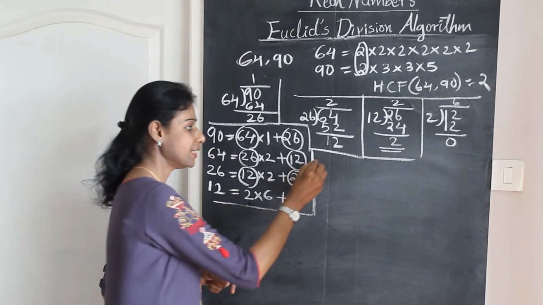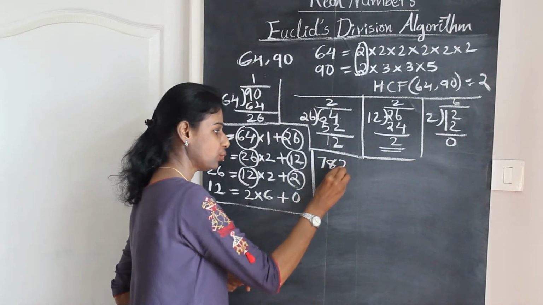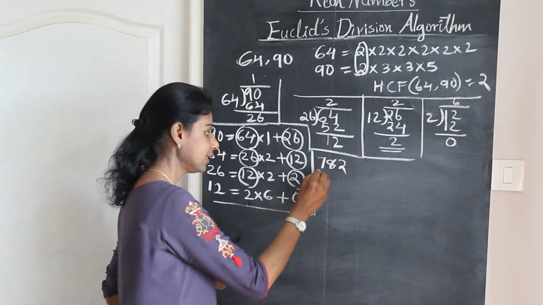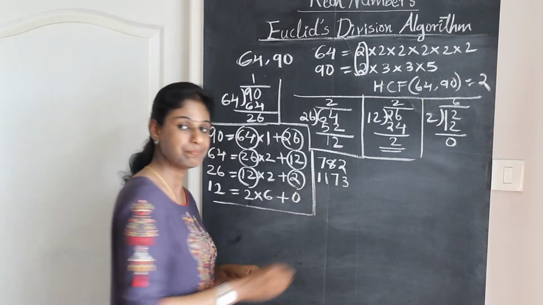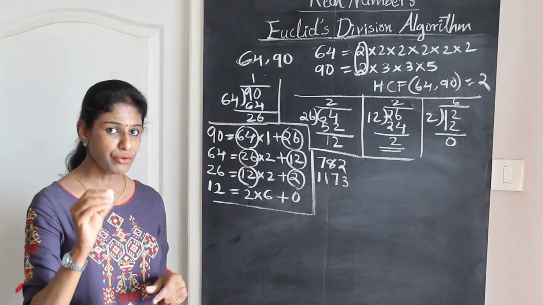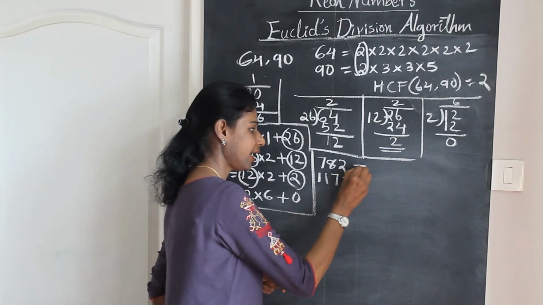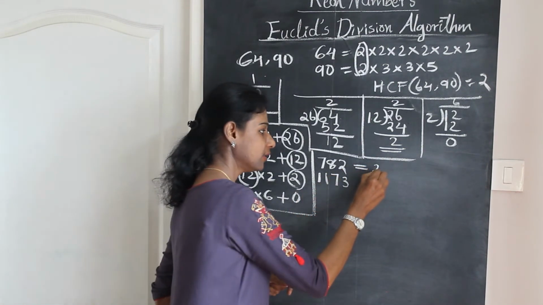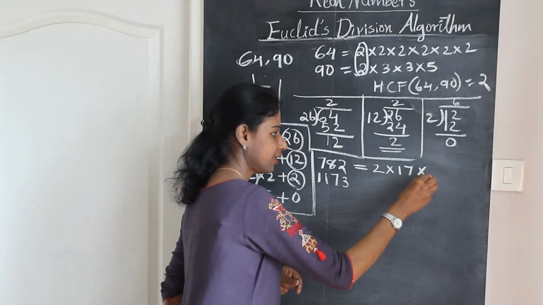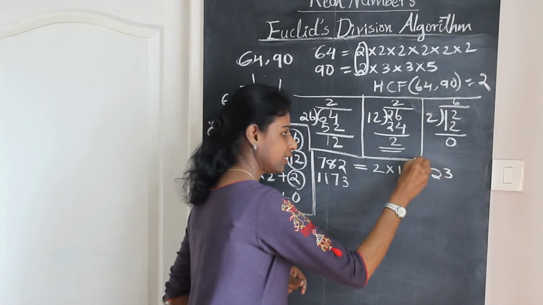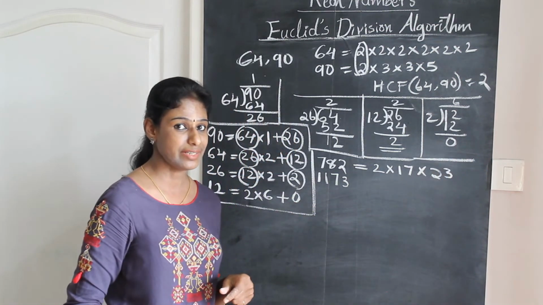I am taking the numbers as 782 and 1173. If you factorize them, for 782 the factors are 2 multiplied by 17, again multiplied by 23. So the prime factors are 2, 17 and 23.